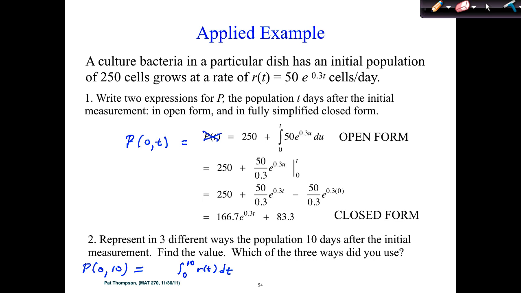Plus 250. Right, you got to have the 250 in there. That's right. So what you said was the change in population from day 0 to day 10. You got to add the initial 250. All right, another way to express it. Someone in the back. On this side. Oh, is there a hand somewhere over there? Yeah, please.